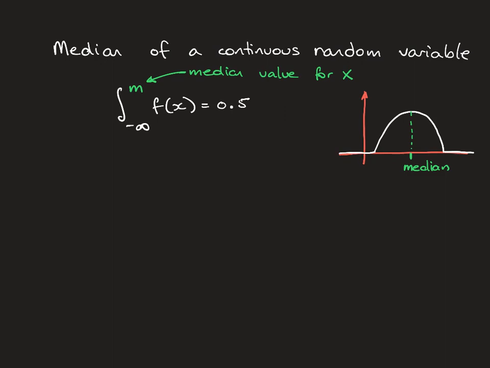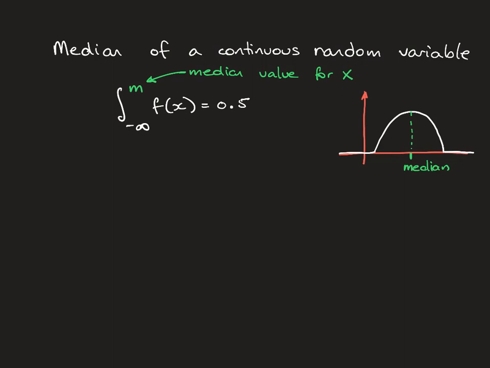So to find the median, what you're looking for is the one in the middle. So we know for a probability density function that our valid x values are the ones where we have area under the curve. So these are our valid x values. So what we're looking for is half of the x values to be below this particular value and half of them to be above that particular value.